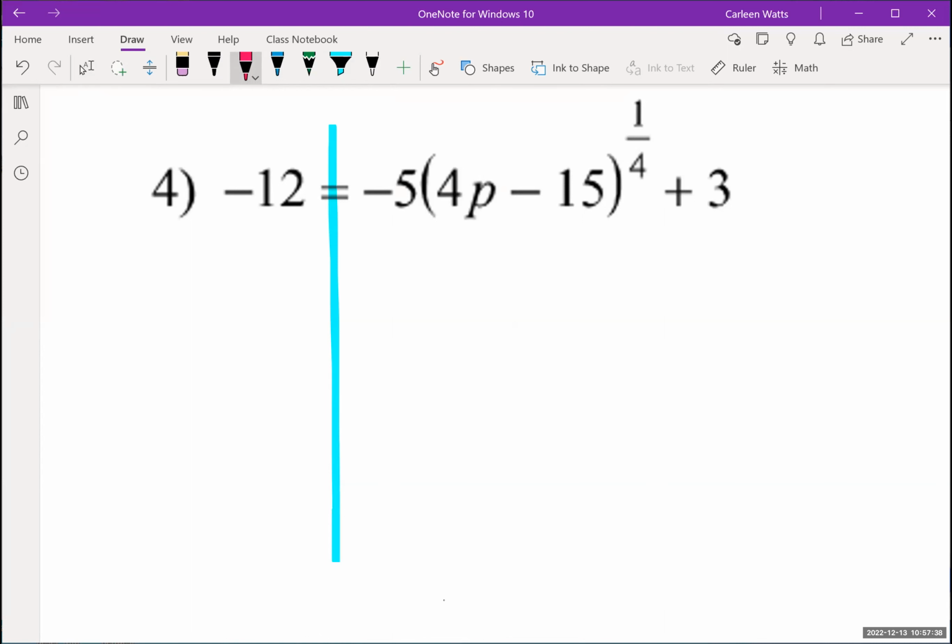Step number 1. Which number is loosely attached? 3. So subtract 3 from both sides.